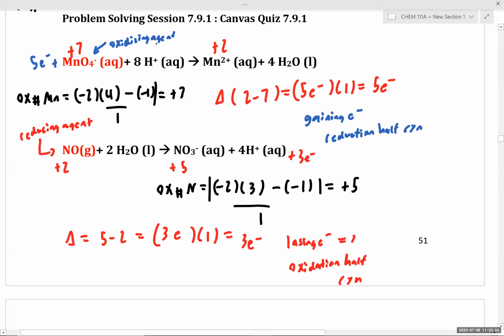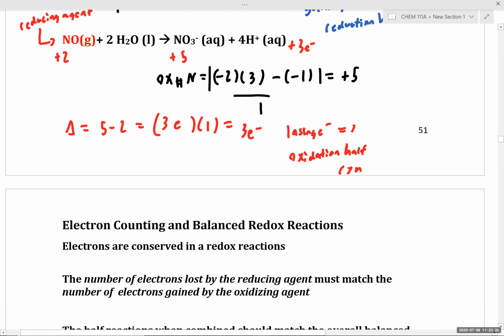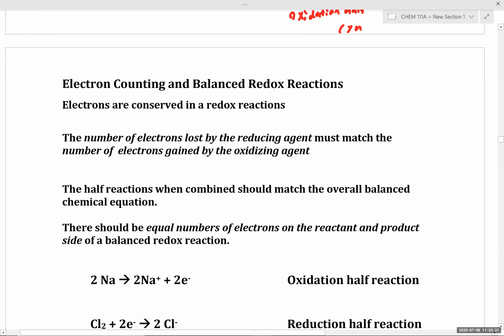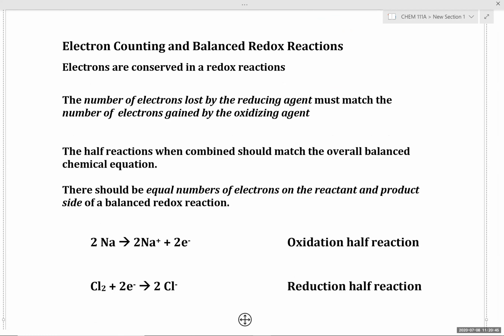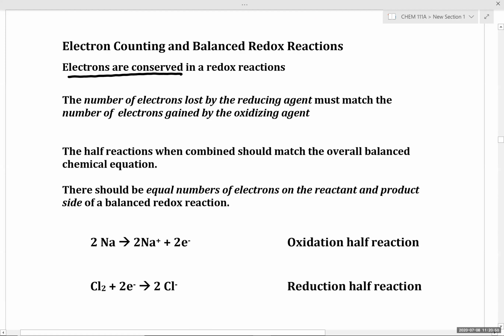Okay, so we're developing this skill of counting electrons. So let's talk a little bit about what makes a redox reaction balanced, because redox reactions are balanced using a different set of rules than normal chemical reactions. First, electrons are conserved in redox reactions.